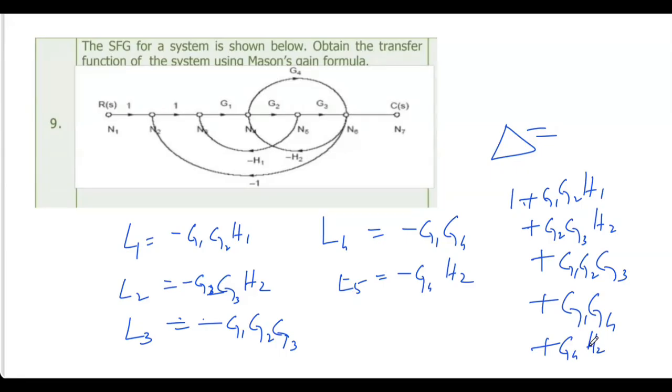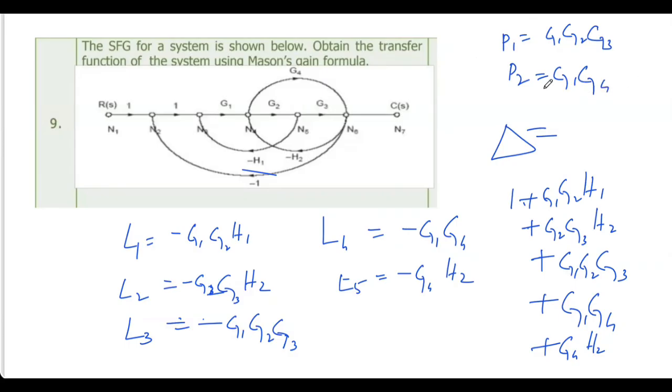How many forward paths are there? 2, sir. P1 is G1, G2, G3. Is there any loop which is not touching that path? All loops are touching that path. And P2 is G1, G4.